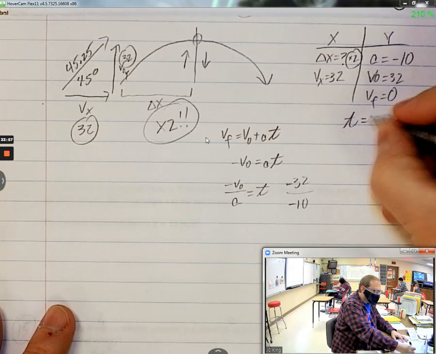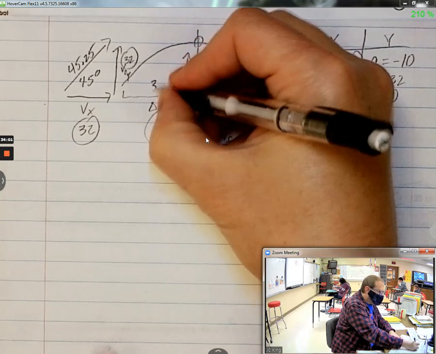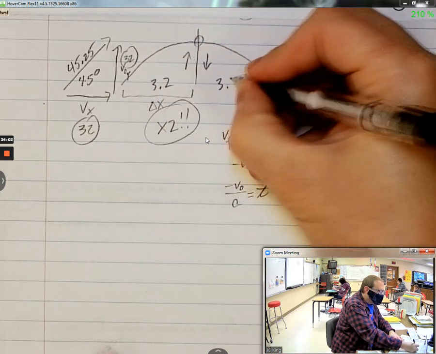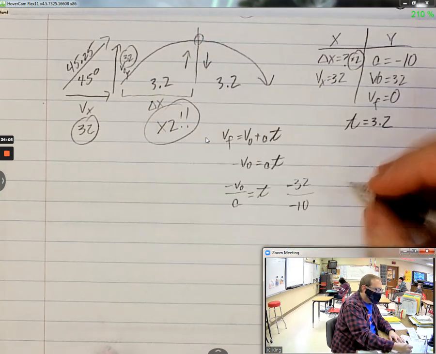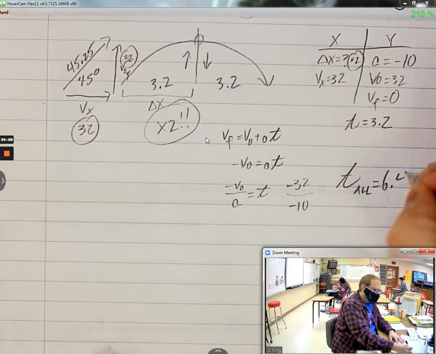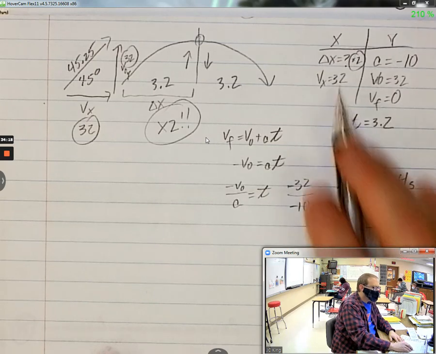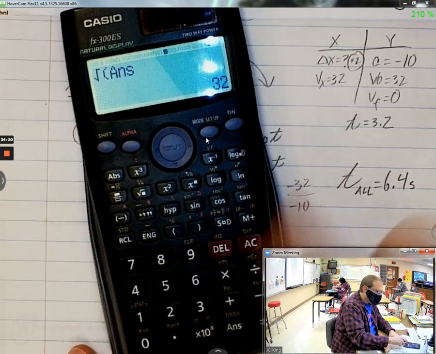You agree? So now that we've got 3.2, that's 3.2 seconds here and 3.2 seconds here for a grand total of 6.4 seconds. So then let's just go delta x equals v times t. So big five number 1. So 6.4 times 32. I'm not going to do that in my head.